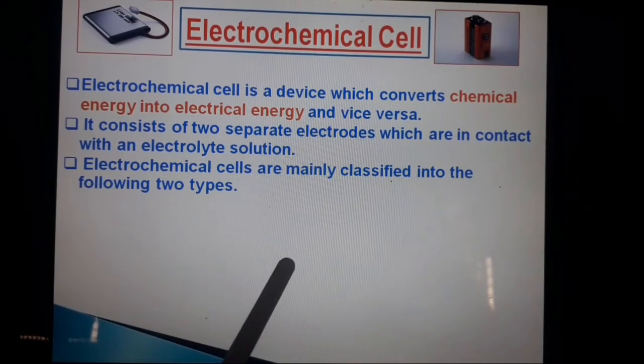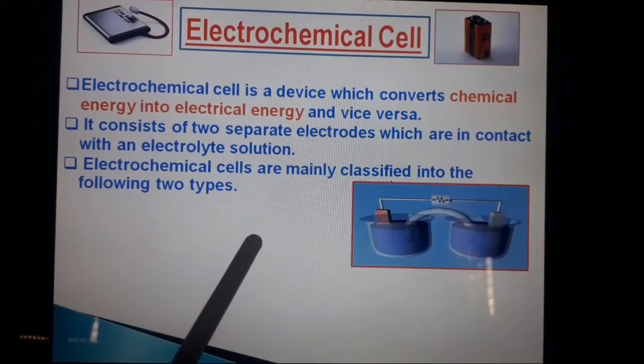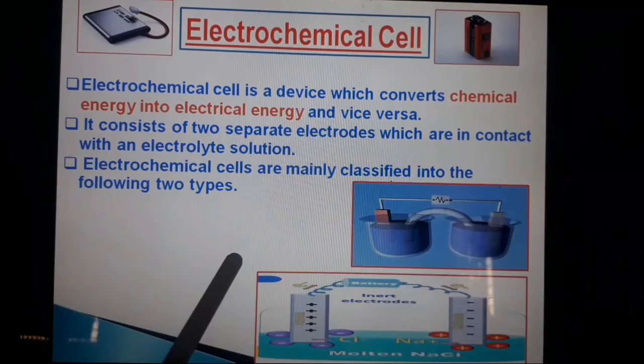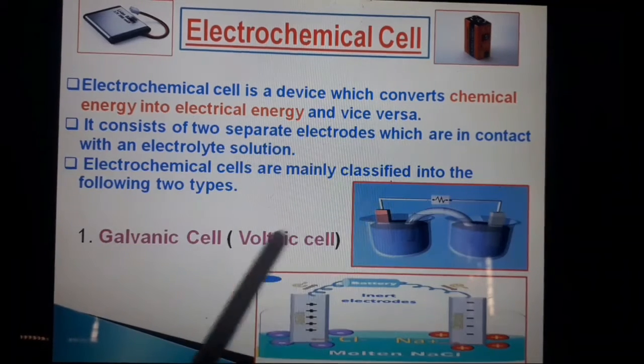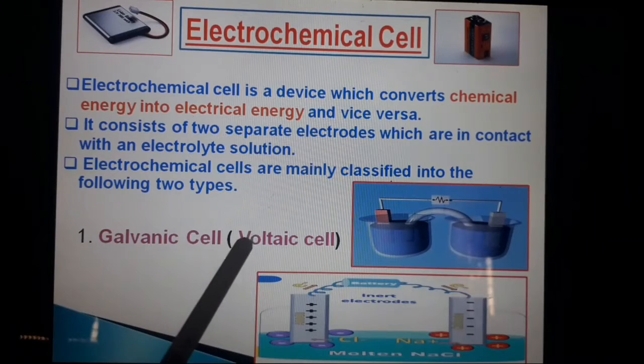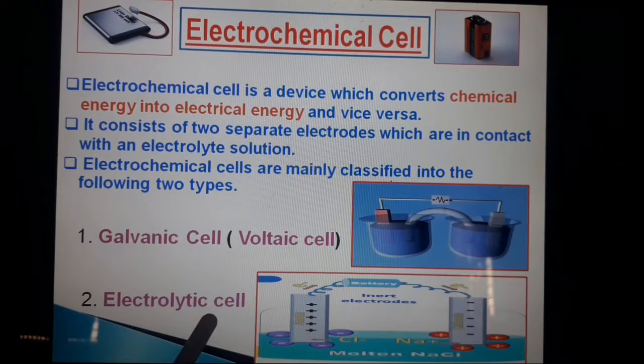Number one is the galvanic cell, also called the voltaic cell. The second one is the electrolytic cell. What is the difference between them? We will see that.